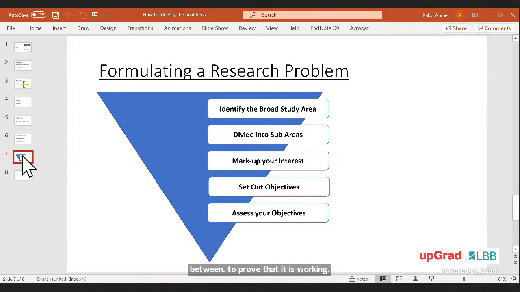But the timeline we have is 6 months, and that is making me choose another topic which I might not be very interested in. So I'm kind of puzzled at the moment about what to do and what not to do in that scenario.